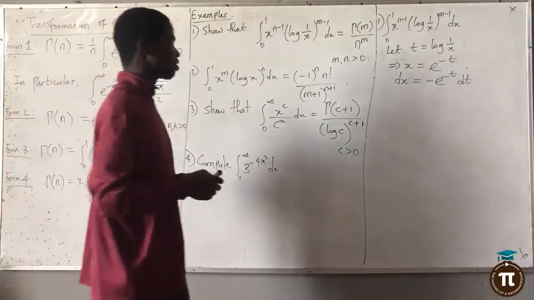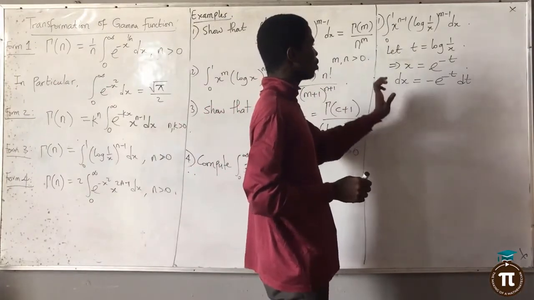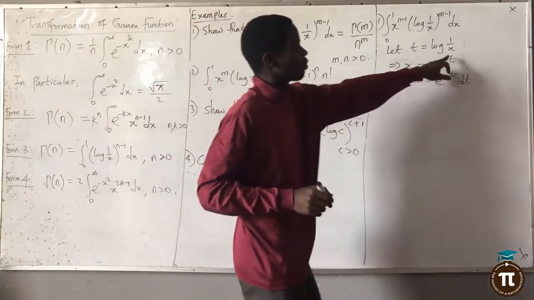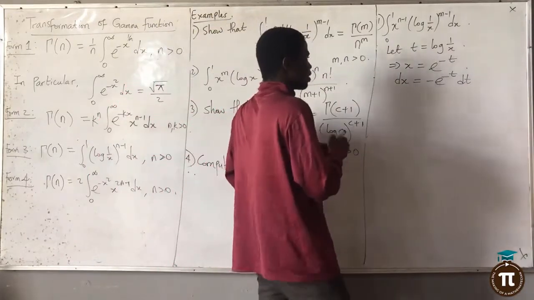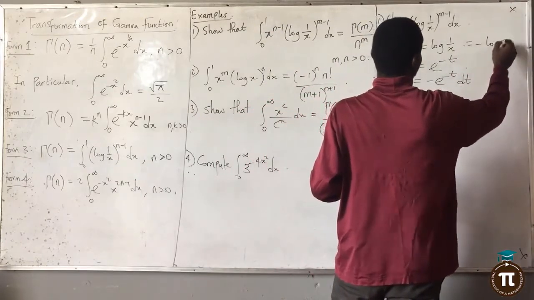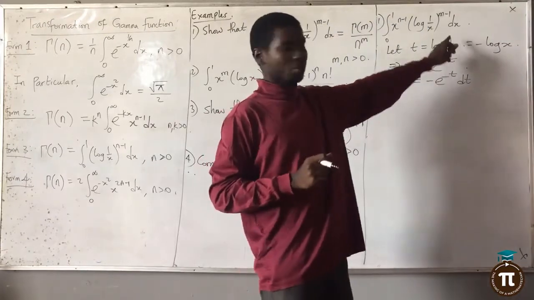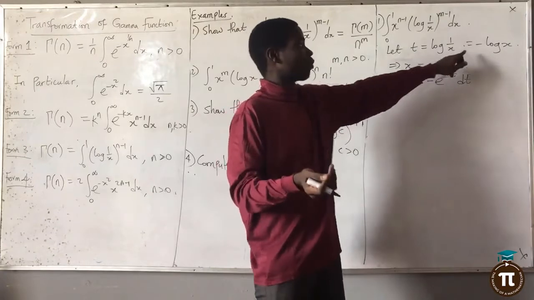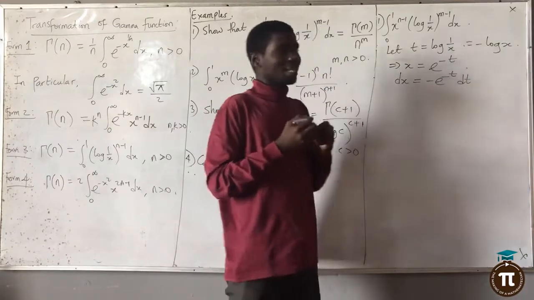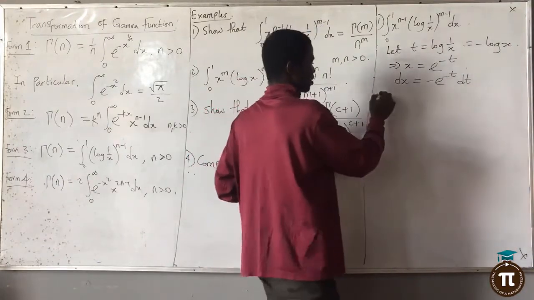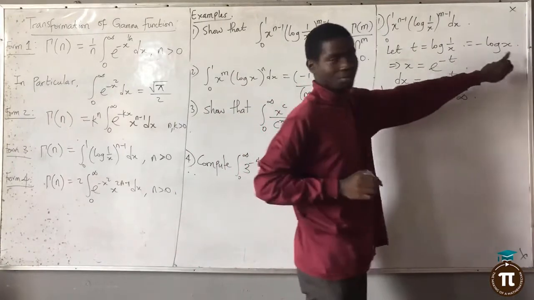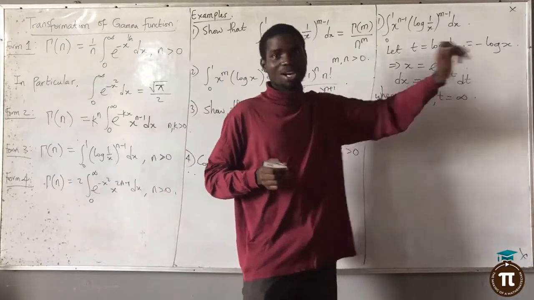Then next, you are going to talk about the bounds. When s is 0, you have t to be infinity. t equals log of 1 over s, this is s raised to the power of minus 1, so the minus can come out: minus log s. So when s is 0, t will be infinity, because log of 0 is negative infinity, multiplied by another negative, you have infinity.